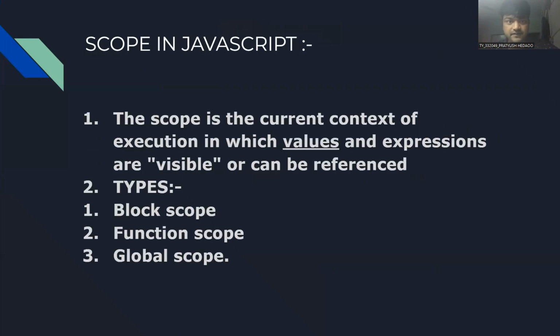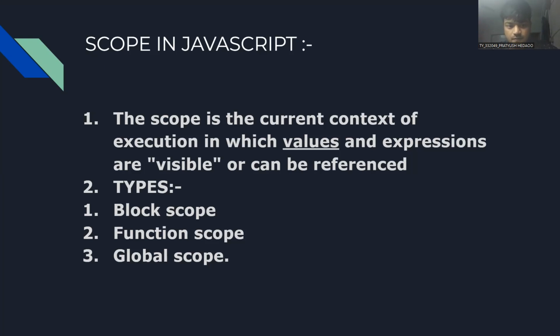So here we go. So scope is basically the context in which the value and expressions are visible or can be referenced. So basically, it's just about where the value is valid. There are three types of scopes we can talk about.